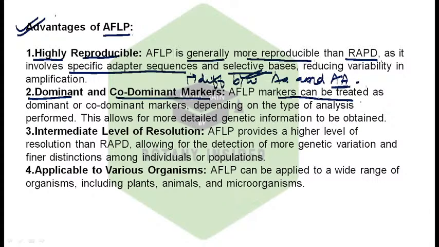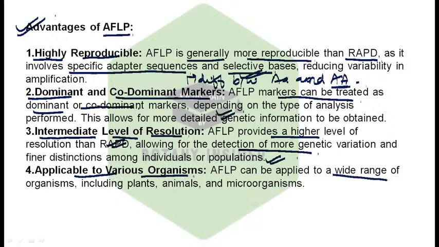It can be treated as a dominant or codominant marker depending on the type of analysis we want to perform. It provides a higher level of resolution than RAPD, allowing the detection of more genetic variation among individuals. Also, it is applicable to a wide range of organisms, including plants, animals, and microorganisms.